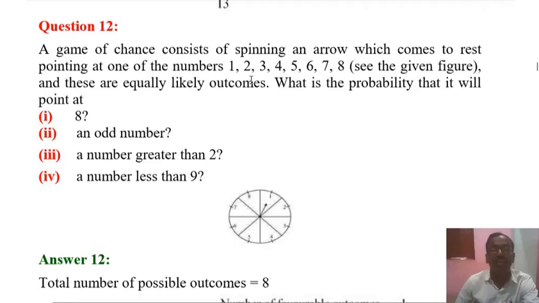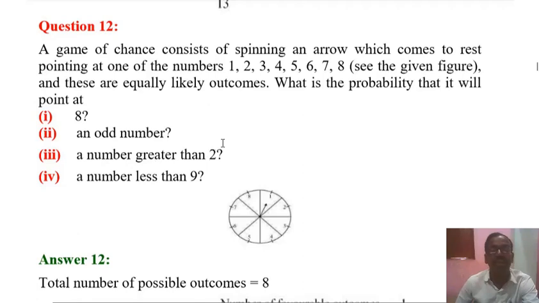So the total number of possible outcomes will be 8. To get 8, the number of favorable outcomes will be 1. For an odd number, the odd numbers are 1, 3, 5, 7, so the number of favorable outcomes will be 4.